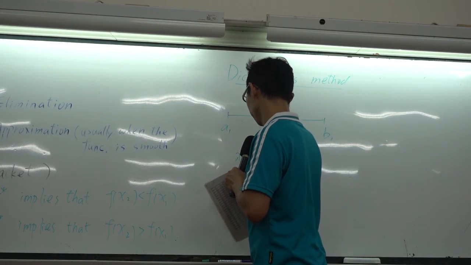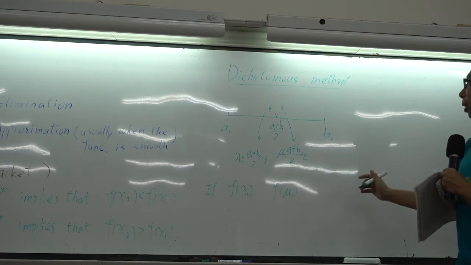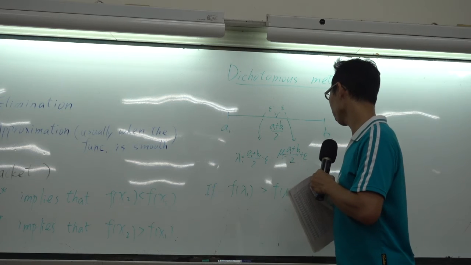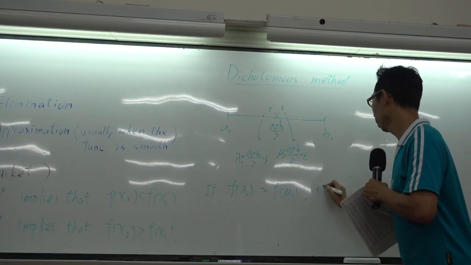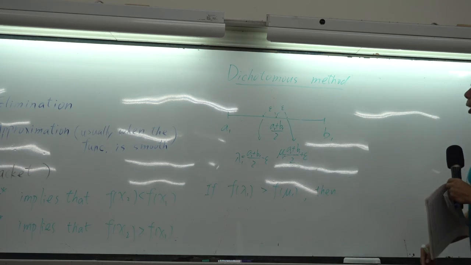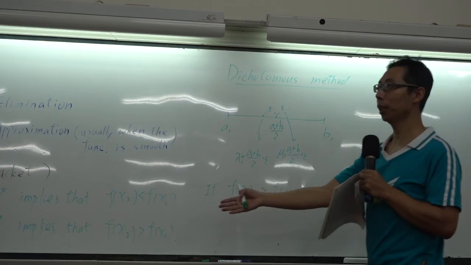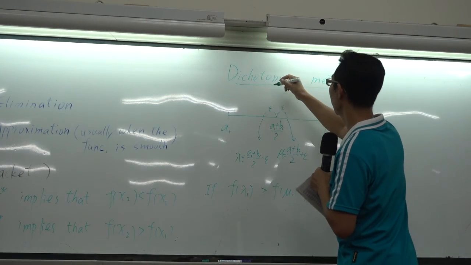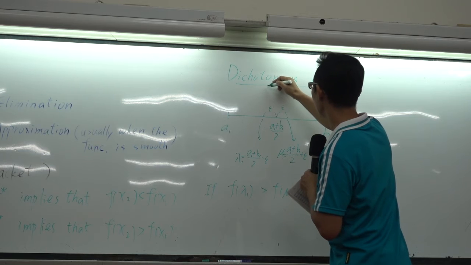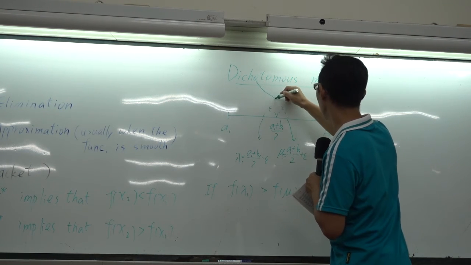If f of lambda 1 is larger than f of mu 1, then based on the property of a unimodal function, the function should look something like this.